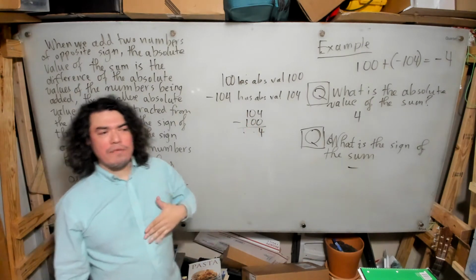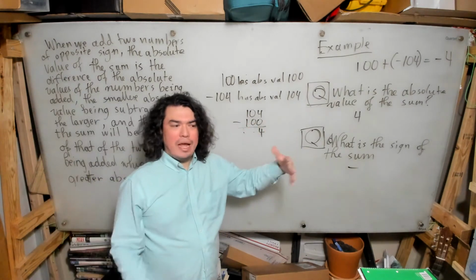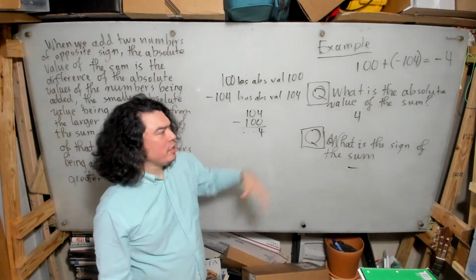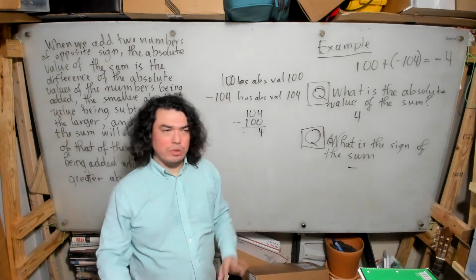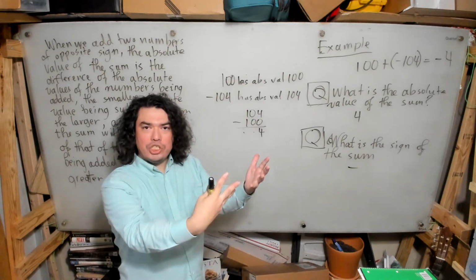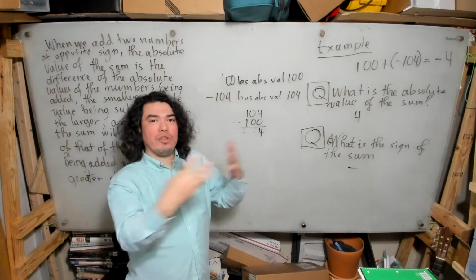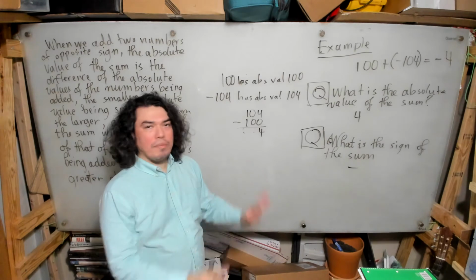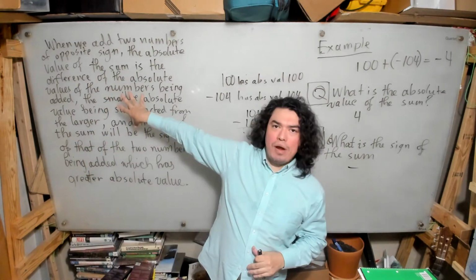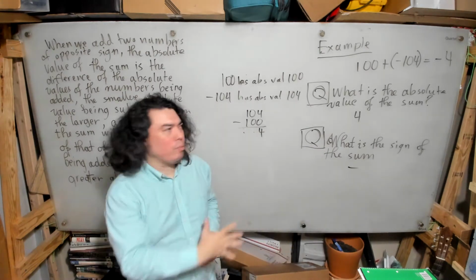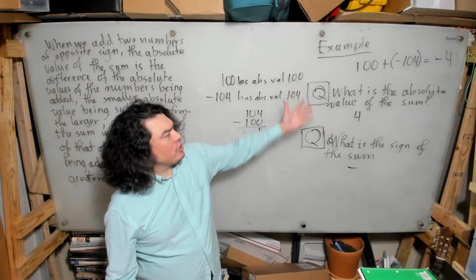Once you guys have done a few examples yourself and have internalized this process, you won't have to be doing it like this unless you want to, right? You'll get an intuition of whether a sum will be positive, whether it will be negative, and so on. Okay, but I want to show you this way so you can ingrain how to apply this rule to real practical problems. Okay, so that's this first example.